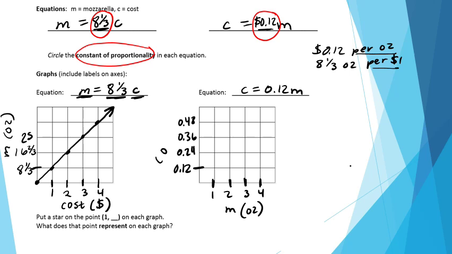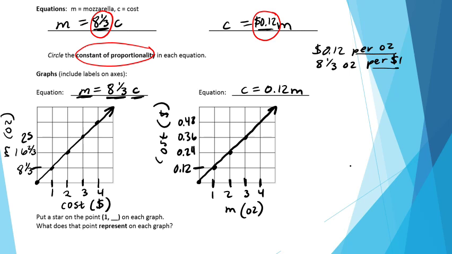So this is cost in dollars. And so again, I'm going to plot my points on here. 1 ounce of mozzarella costs 12 cents. 2 ounces of mozzarella costs 24 cents. 3 ounces, 36 cents. And I'm going to go ahead and draw my line here, showing that relationship as well.